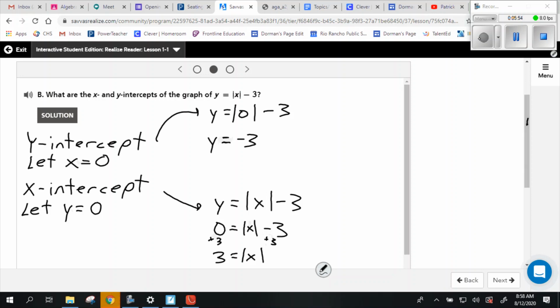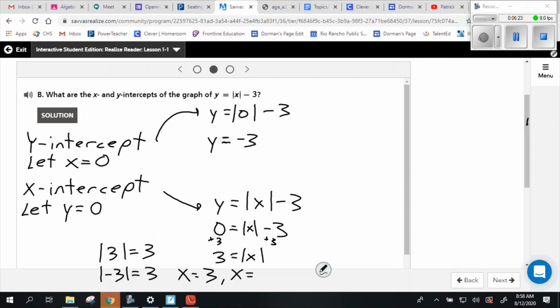But it also means that x is negative 3, because the absolute value of 3 is 3 and the absolute value of negative 3 is 3. So each one of those values satisfies our equation. Because of that, x is going to be equal to 3 and x is going to be equal to negative 3.